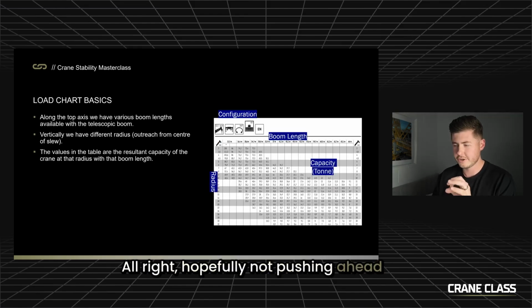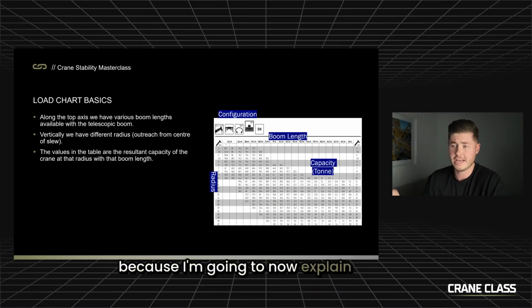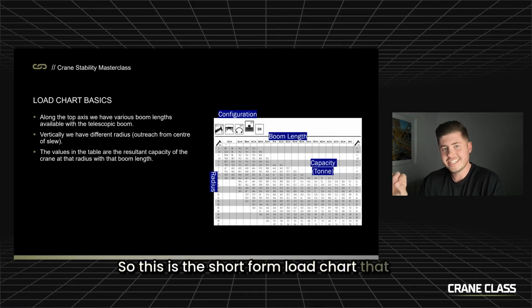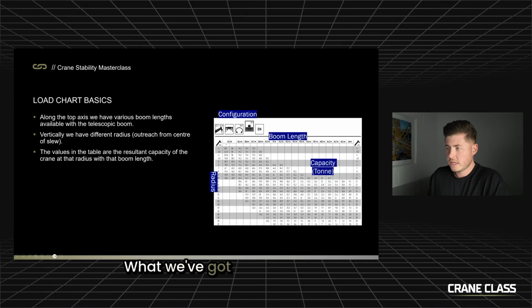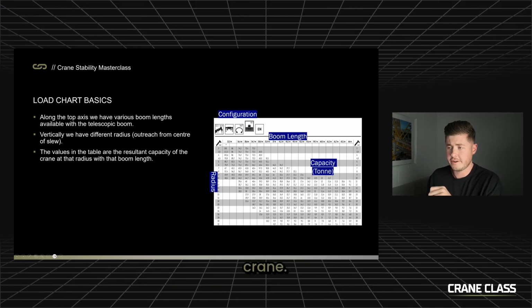Hopefully I'm not pushing ahead too fast, not losing too many people there, because I'm now going to explain actually reading the load chart. So this is the short form load chart that we see in the product guide. What we've got up the top here is information about the configuration of the crane.